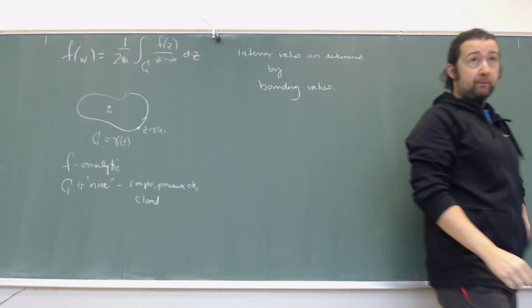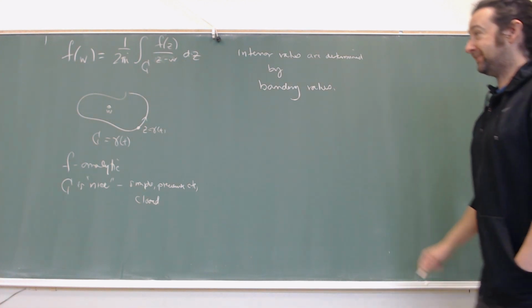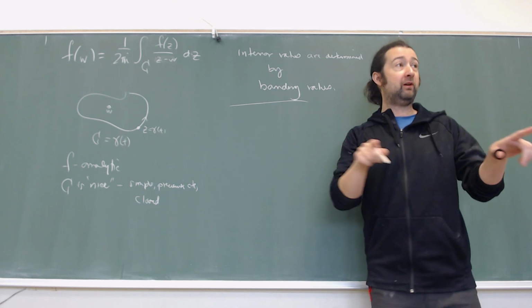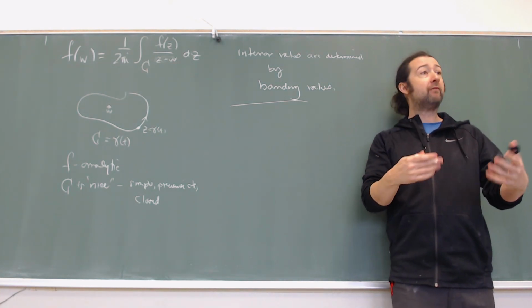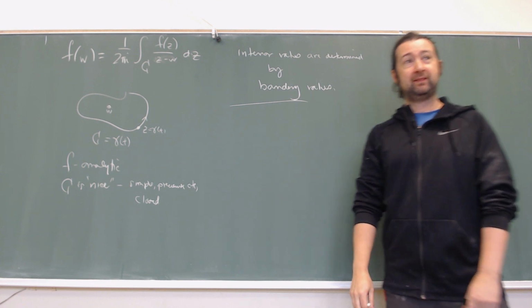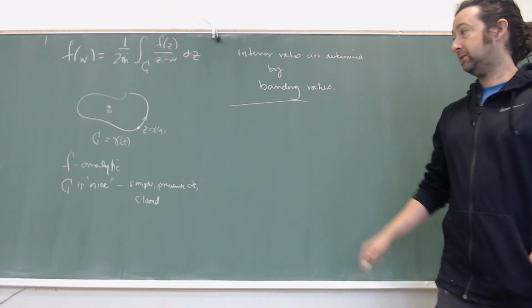Okay. Now, I'd be really impressed if anybody could remember the Gauss mean value theorem. Not the mean value theorem from 412. Remember, last quarter we said that this mean value theorem for us was different. It had something to do with the average value of the function. Yeah. The value at a point is the average of the values on the circle.